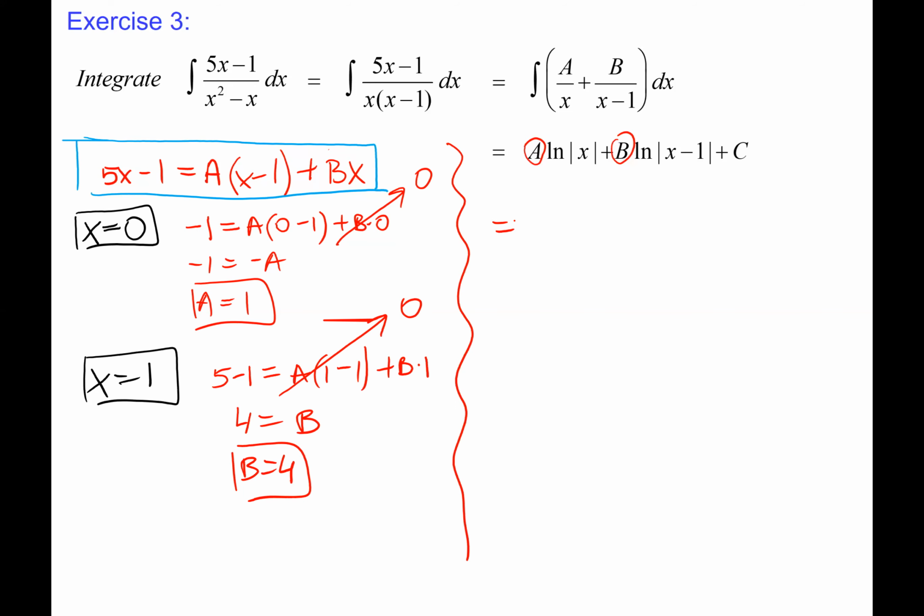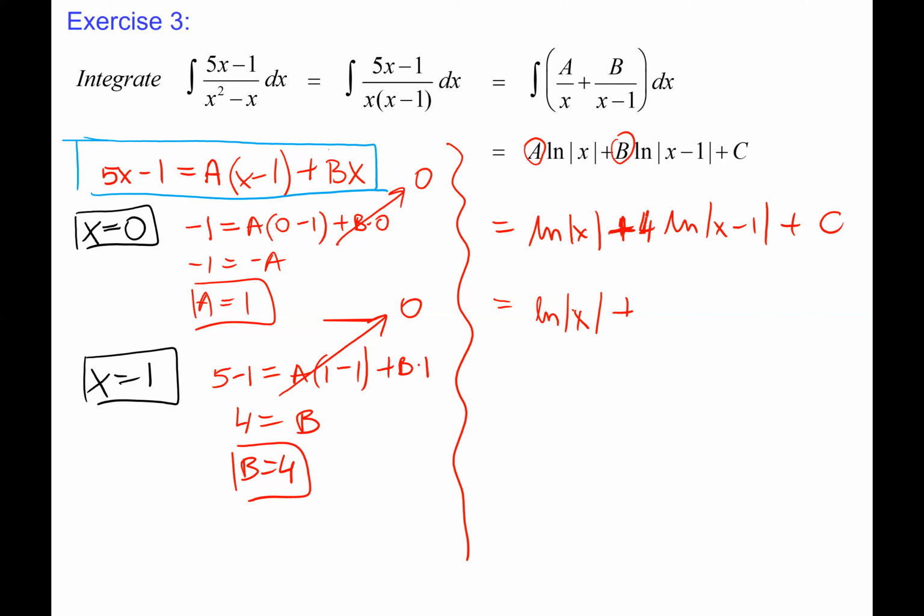That means the final answer is 1 ln of absolute value of x plus 4 ln of absolute value of x minus 1 plus the constant C. One thing I would like to show you on the multiple choice: you may see that I combine the addition of two logarithms.